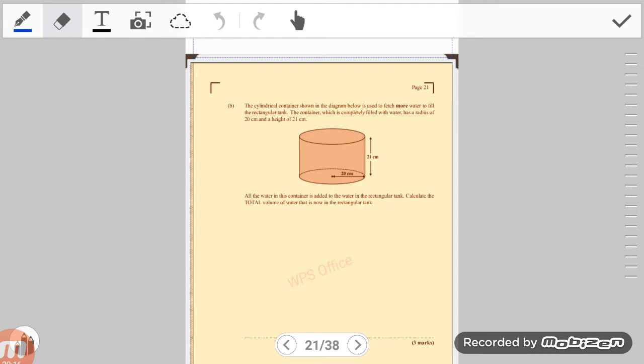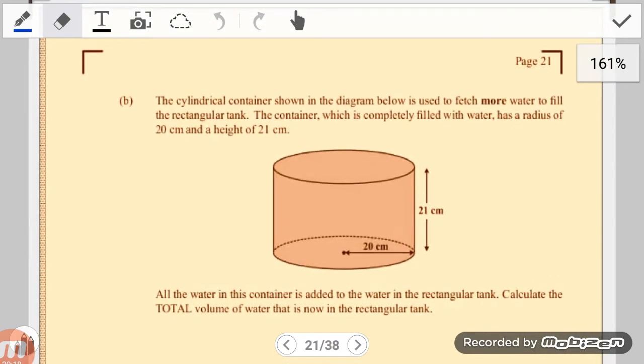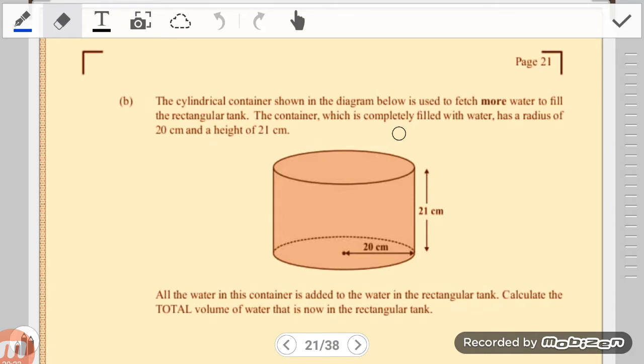Let's go to part B. The cylindrical container shown in the diagram below is used to fetch more water to fill the rectangular tank. The container, which is completely filled with water, has a radius of 20 centimeters and a height of 21.